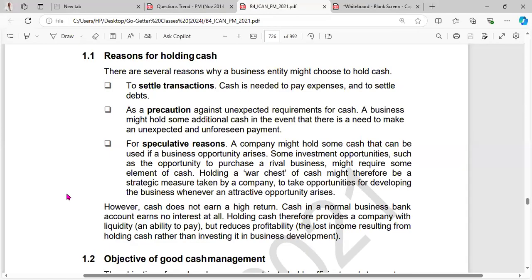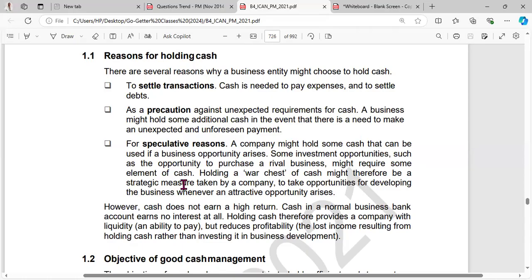So holding your cash will cost you opportunity. We've learned opportunity cost. That profit that you would have made is the cost of holding the cash. So you have lost that opportunity and it's not doing you any good.